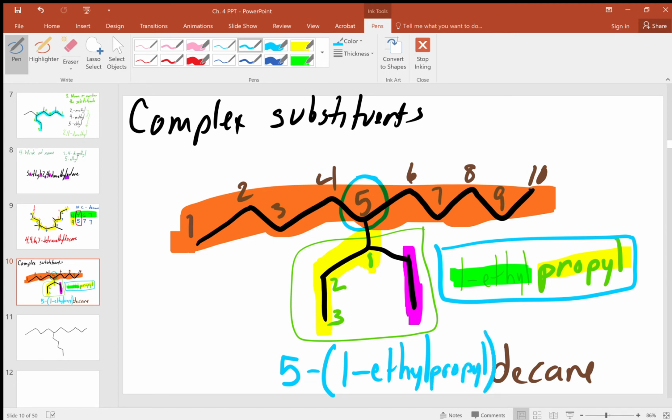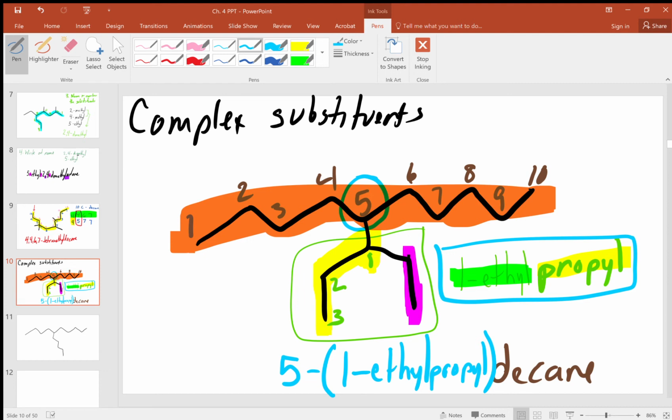So 5-(1-ethyl propyl) decane. And by doing that, we could, in theory, build a name of a substituent of increasingly greater complexity with further and further branches. Now, we're not going to get to that point, but you can probably start to see how we would do that.